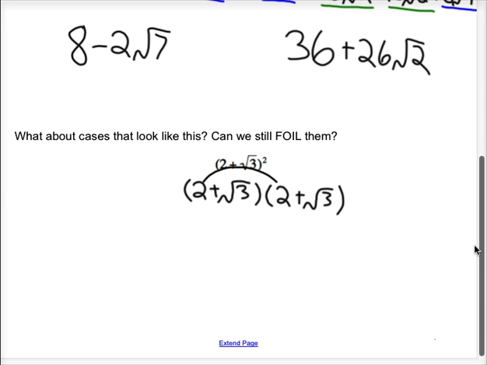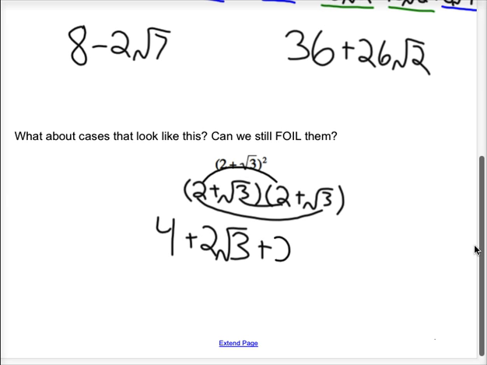So 2 times 2 gives me 4. 2 times the square root of 3 is 2 square roots of 3. Square root of 3 times 2 is another 2 square roots of 3. Square root of 3 times square root of 3 is the square root of 9. However, that should stick out to you. We know that the square root of 9 is just the number 3.